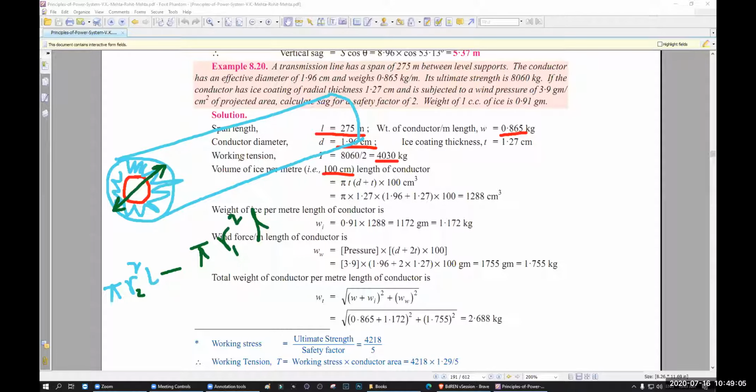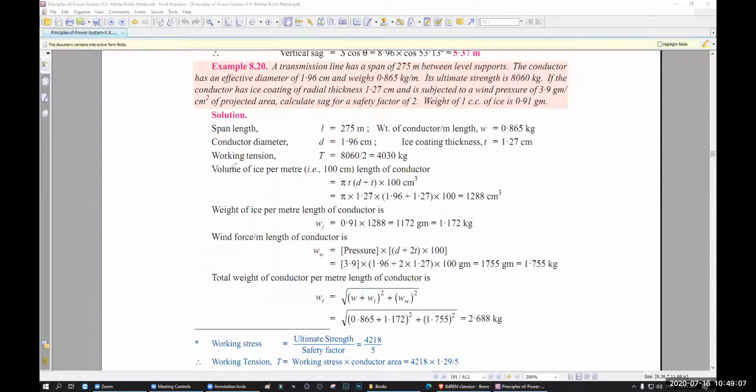So here what they did is find the volume of ice per meter, 100 centimeter length of conductor: pi t (d plus t) into 1000 centimeter. What is t? t is the radial thickness of the ice coating, which is given. So how did they get this formula?